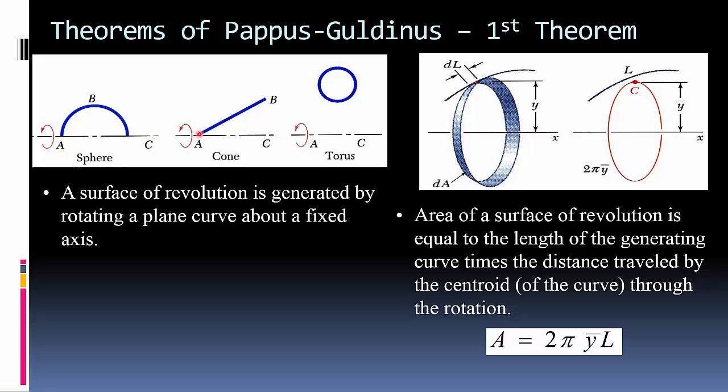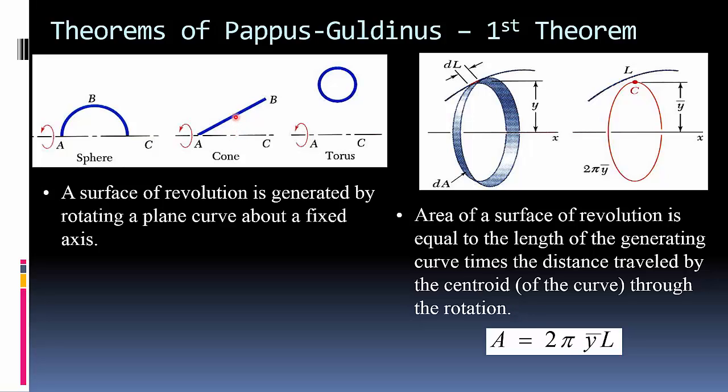Well, so where is the centroid of this line? The centroid of this line is in the middle. That's where the centroid of the line is, right in the middle. So how far does this go, the distance traveled as this goes around here? Well, it turns out it's 2 pi times y bar, right?